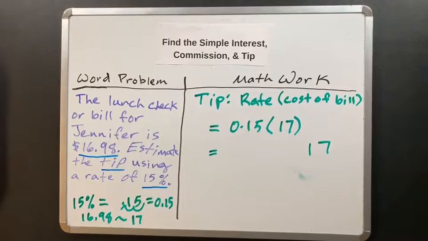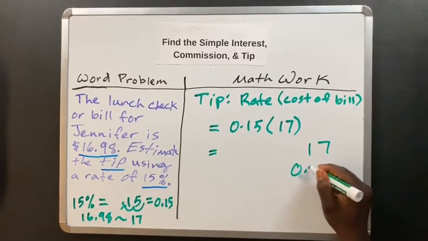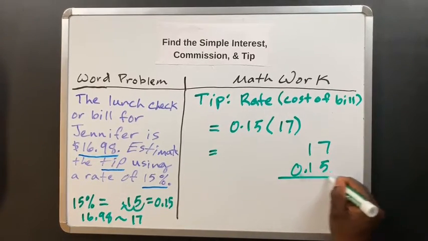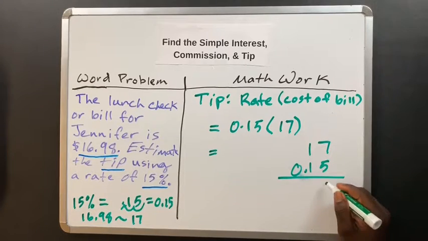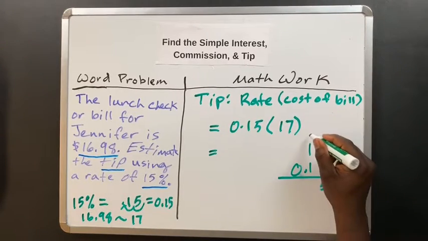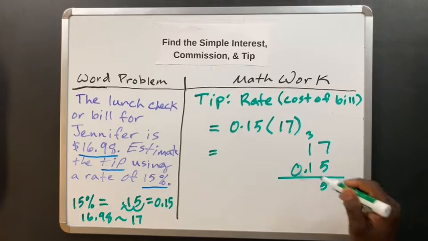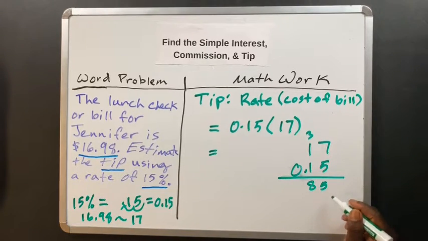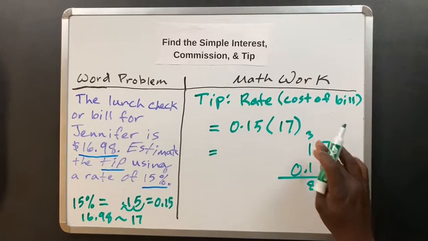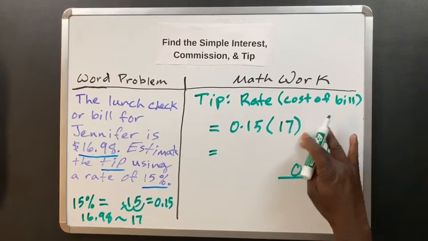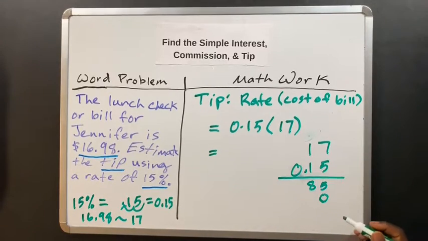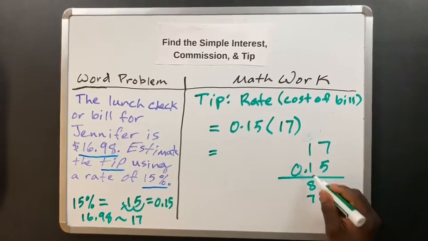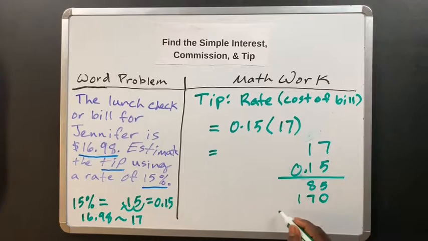I think I'll just line them up. 5 times 7 gives us 35. Bring the 3 up there. 5 times 1, that's 5 plus 3 is 8. Okay, put a placeholder here of 0. And then I'll get rid of that 3. 1 times 7 is 7. 1 times 1 is 1. And we're going to add.